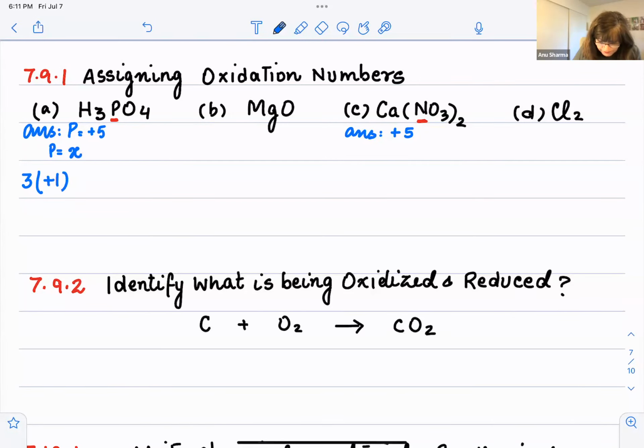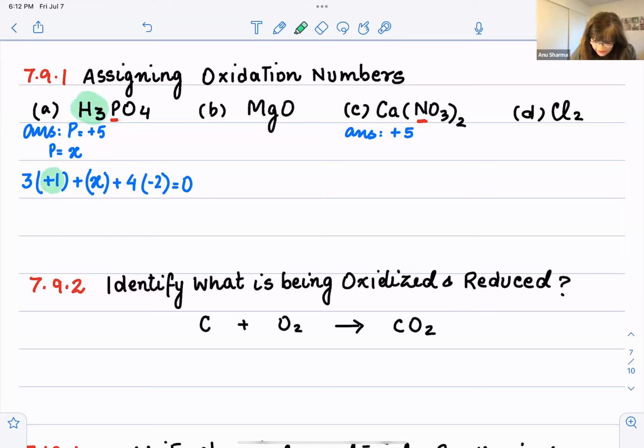So this is for hydrogen, plus for the phosphorus is X, right? Plus 4 into -2, for the oxygen. And since this is a neutral molecule, the sum total of all the oxidation numbers is 0.